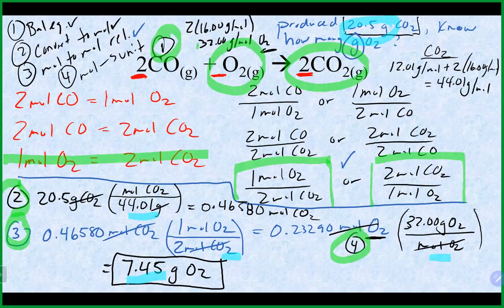If you do get an answer in between, like I did here, try not to round too much until the end. Otherwise, if you round a lot along the way, you might end up with the wrong answer. So I took it to a few digits, and to be truthfully honest with you, I took the entire number that was in my calculator through all the steps. So again, if you want to do it all in one calculation, you can. Or if you do get an answer, try not to round too much.